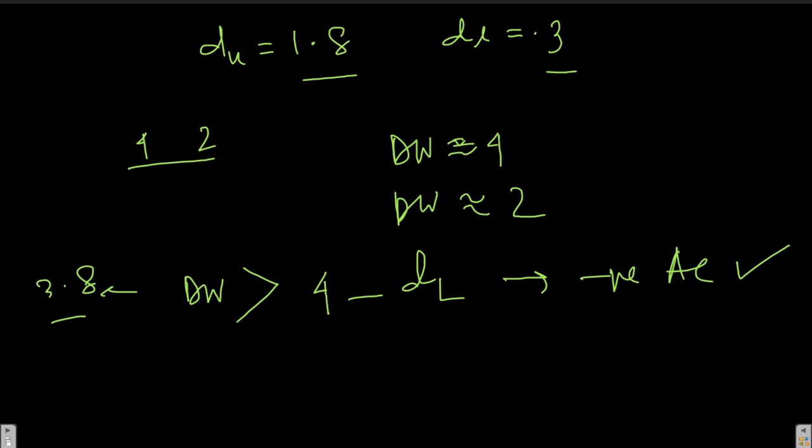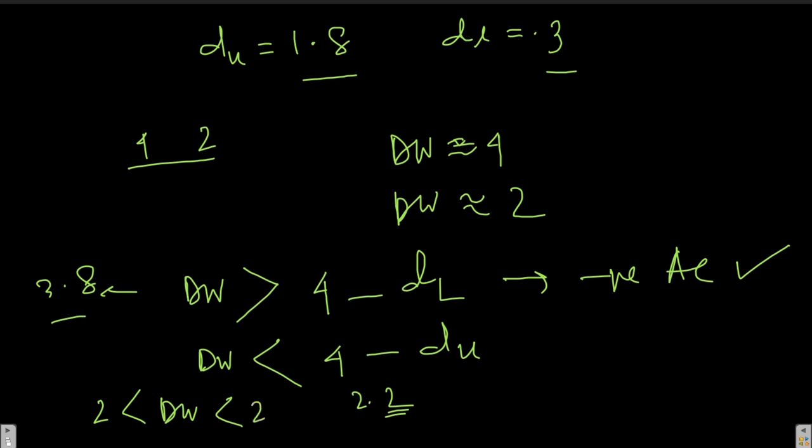Whereas if my dw is lower than 4 minus d upper, what will happen? 4 minus d upper is going to give me a value of 2.2. So if my dw is less than 2.2, that means dw has to be in the range of 2 to 2.2, right?